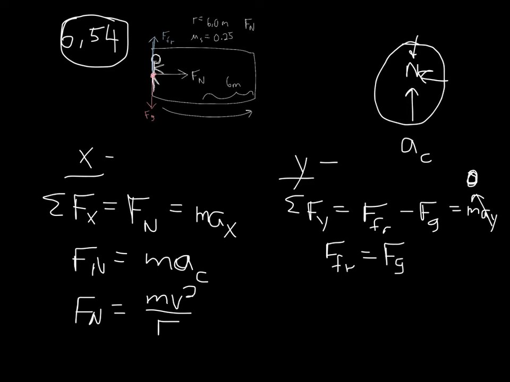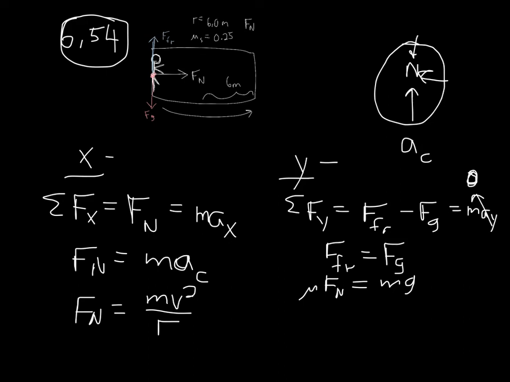What's the equation for the force of friction? Mu times the normal force. What's the equation for Fg? Mg. Okay. Do I have an equation for the normal force I can plug in?